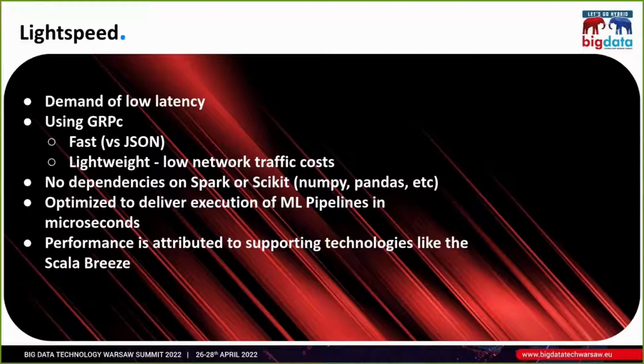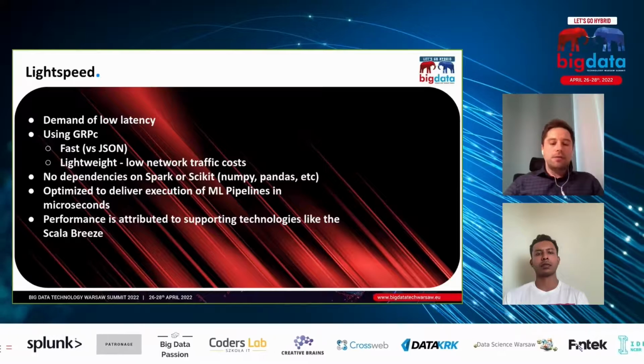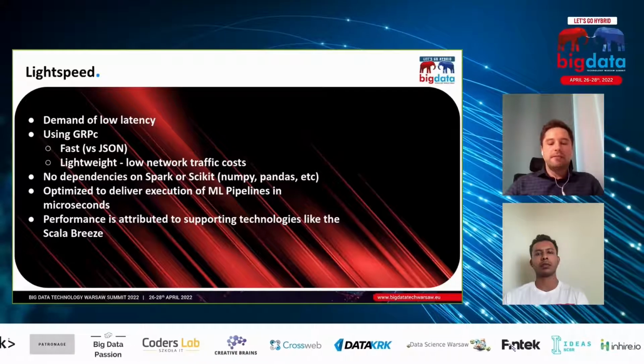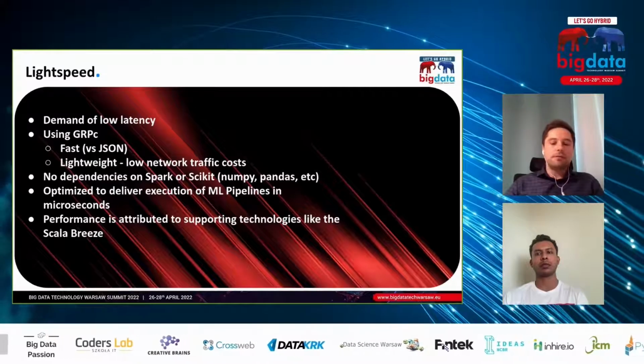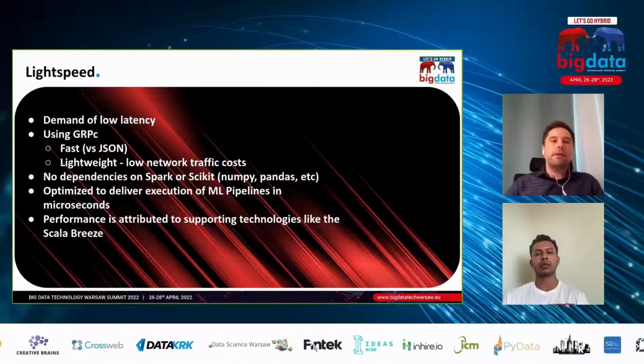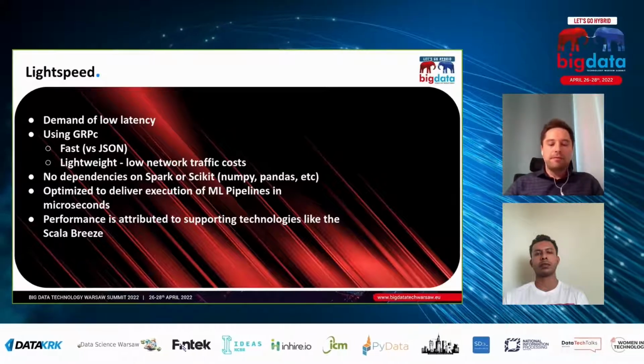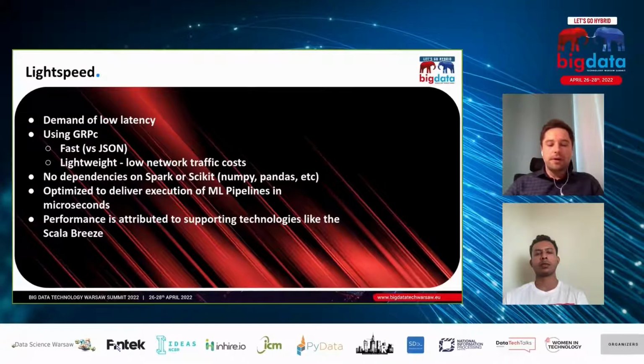Also, we saw that using gRPC, our network traffic bills are much lower. Also, to be fast in serving predictions, we had to get rid of these training dependencies, like I said, Spark and Python libraries. And MLeap perfectly fits in our ecosystem.